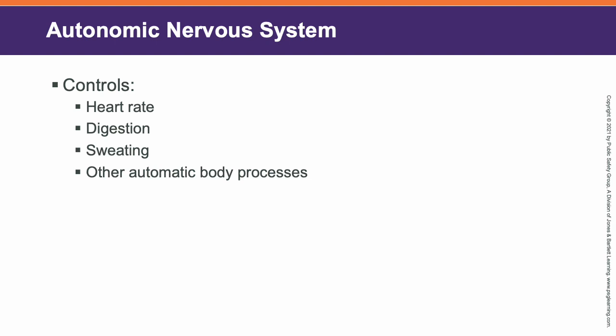Those nerves are involuntary. You don't have to think to make your heart beat, right? When I want to bend my finger, I have to think about that to do it, right? But your heart just beats on its own. It's not something you have to think about. So those nerves that are in charge of those things are considered autonomic. Okay.